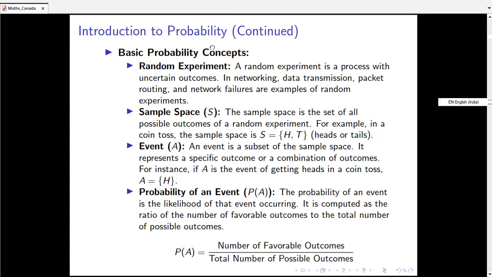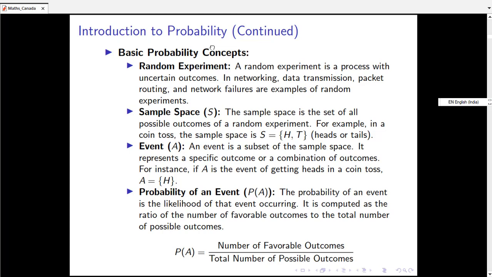Now, what is the probability of any event? Let's suppose, what will be the probability of getting a head while I am tossing a coin. The probability of the event is the likelihood of that particular event. It is computed as the ratio of the number of favorable outcomes to the number of possible outcomes. The favorable outcome is head, but the total number of outcomes is head plus tail.